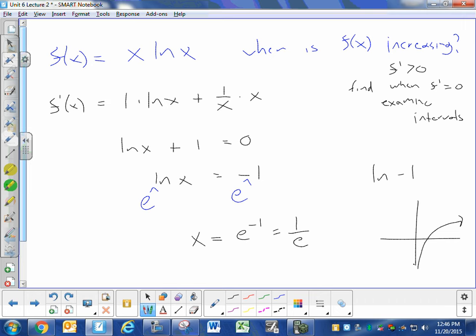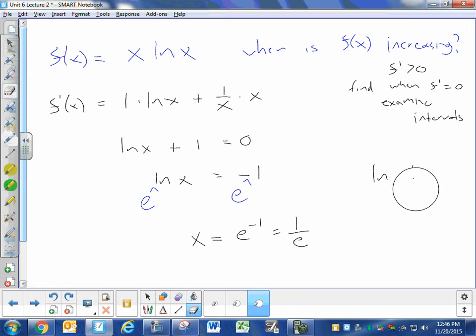That means any y value really will be touched by some x value as an input. Okay, if you want to go to negative values, you're going to have to be to the left of 1. So between 0 and 1, we'll have negative y values. For positive y values, we'll have to be greater than 1. So I get x equals 1 over e.